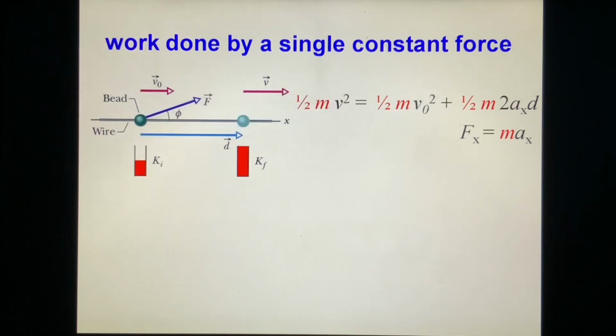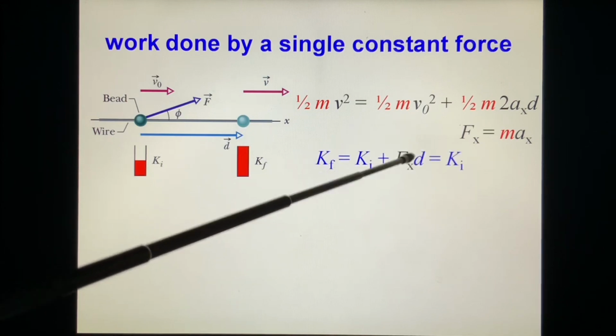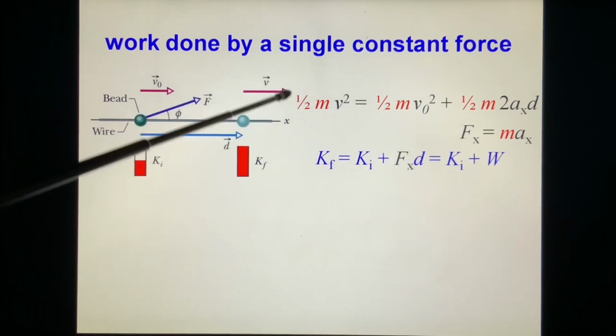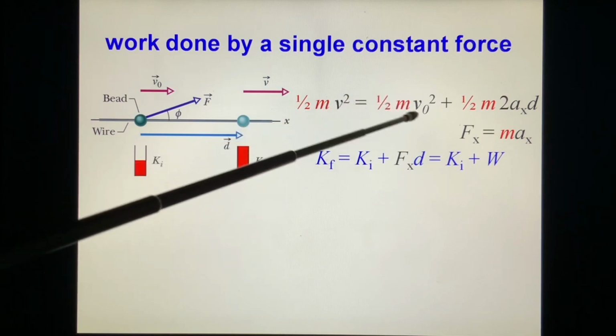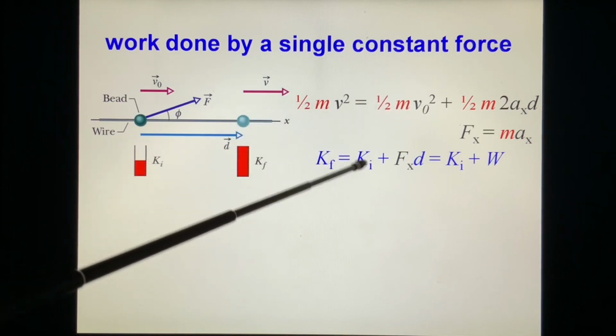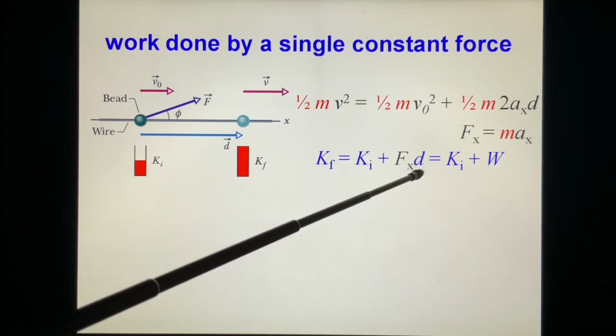We rewrite this equation as K final minus K initial equals F_x d. Half mv squared is the kinetic energy at the final stage, half mv0 squared is the initial kinetic energy, and this is the work done by the force.